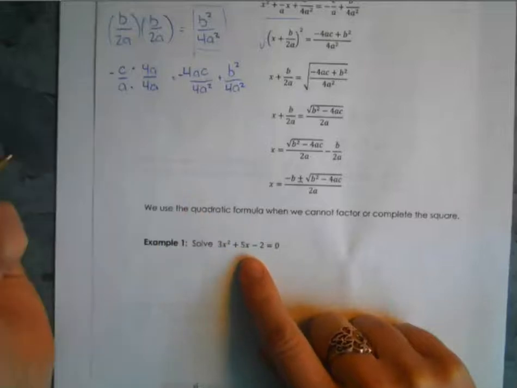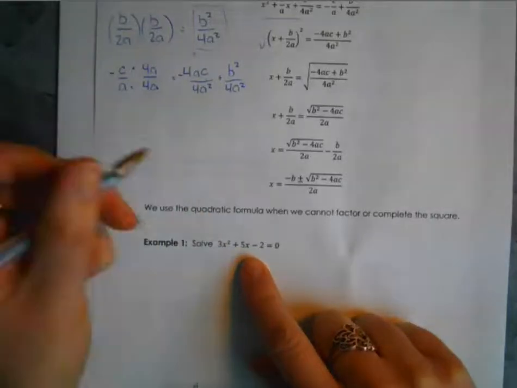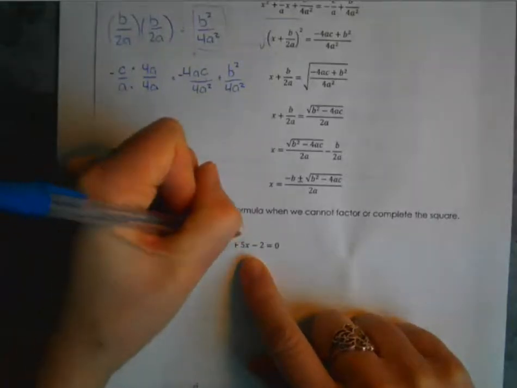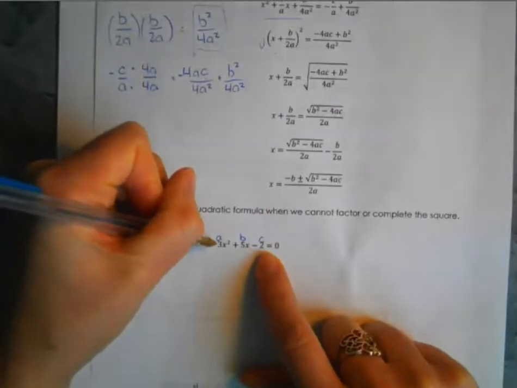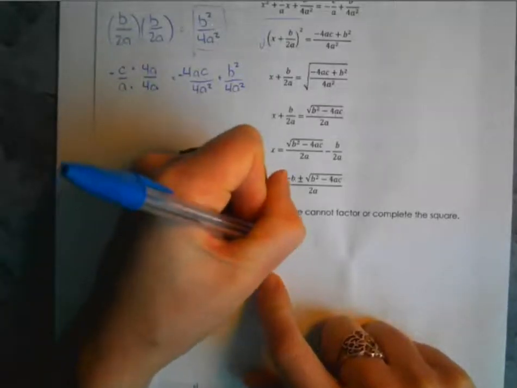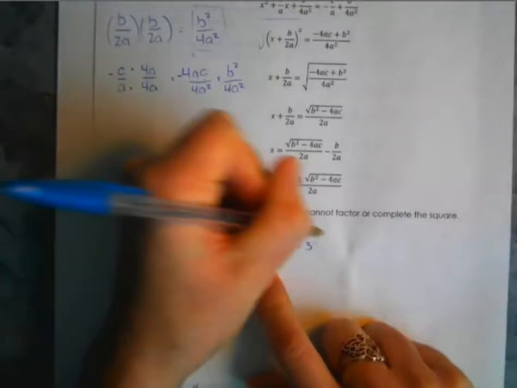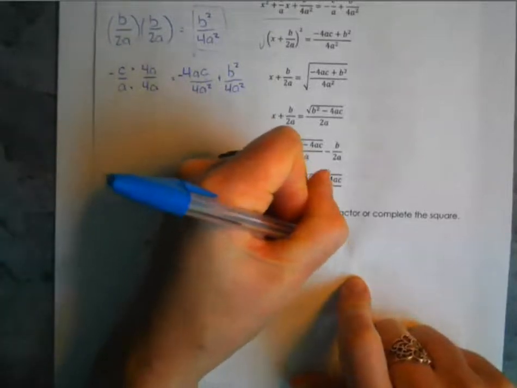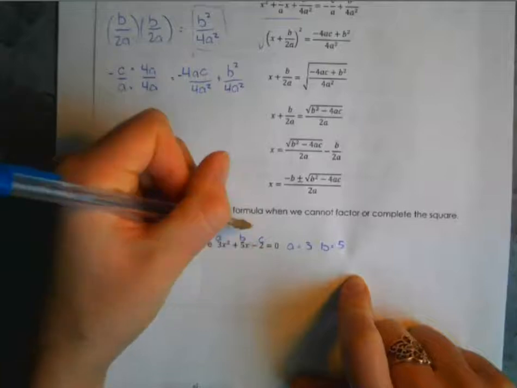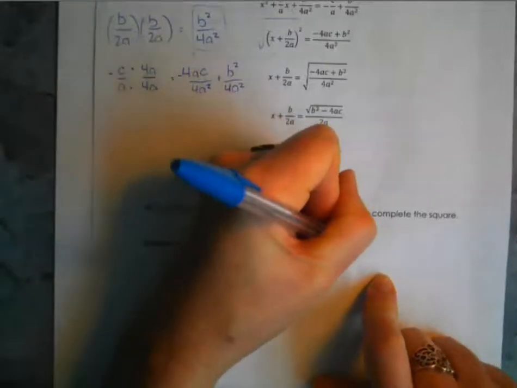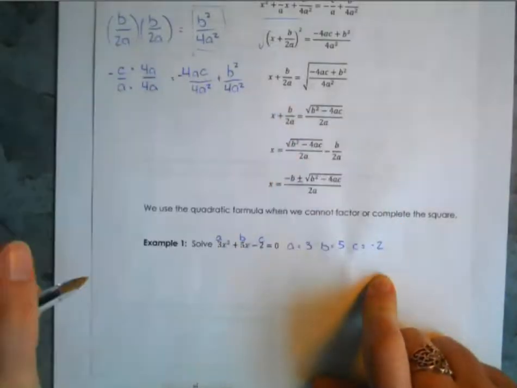What you always want to do when you're using the quadratic formula is identify a, b, and c, and make sure you include your positives and negatives. So a is positive 3, b is positive 5, and c, with that negative sign in front of it, that's always what you keep together with the value, so c is equal to negative 2.